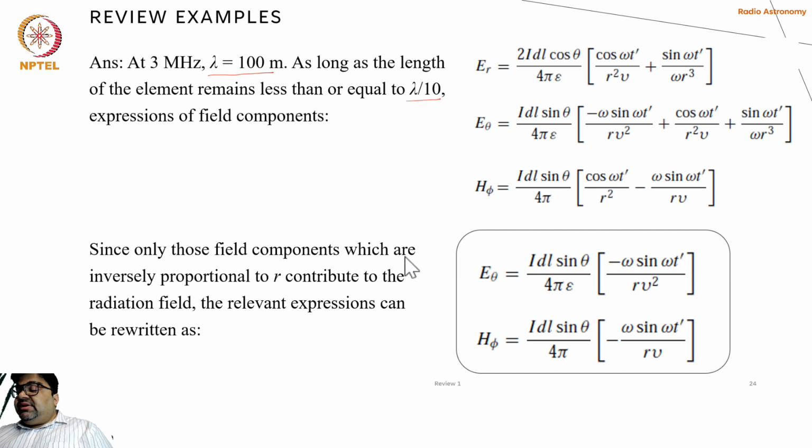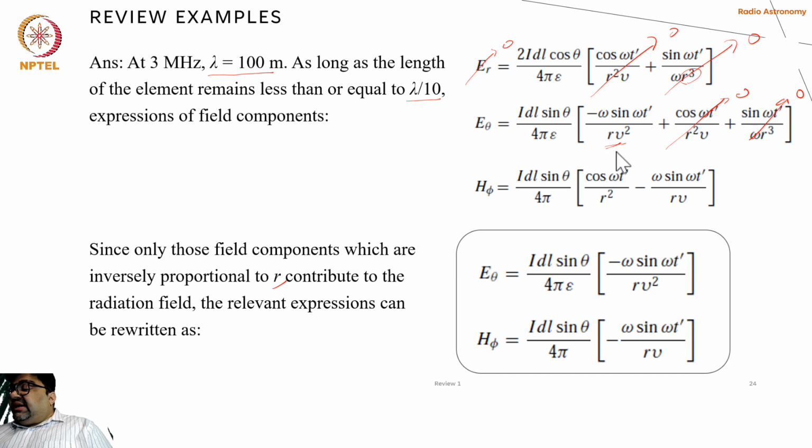Since only those field components which are inversely proportional to R contribute, as we have discussed, at very large distance the R squared and R cubed terms vanish or go to 0. So at very large R, ER will go to 0. E theta has a 1 over R term. This too will go to 0.